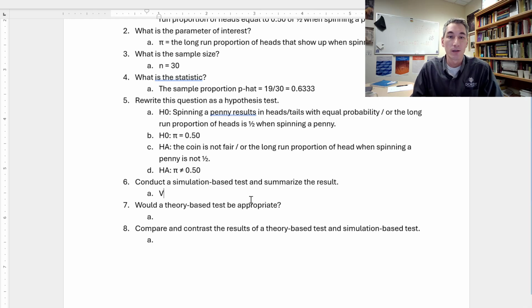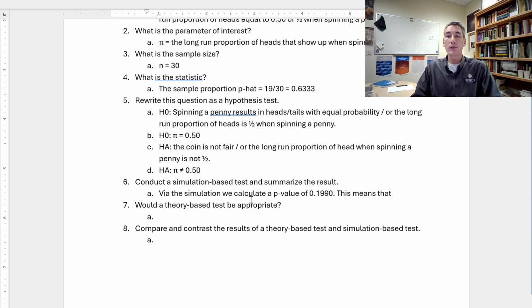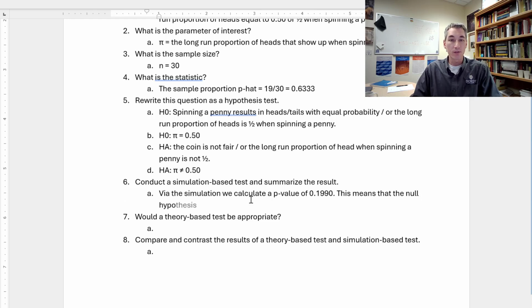So, via the simulation, we calculate a p-value of 0.1990. This means that the null hypothesis is plausible.